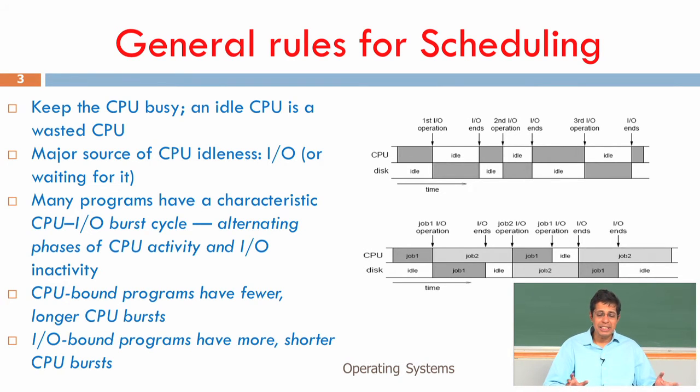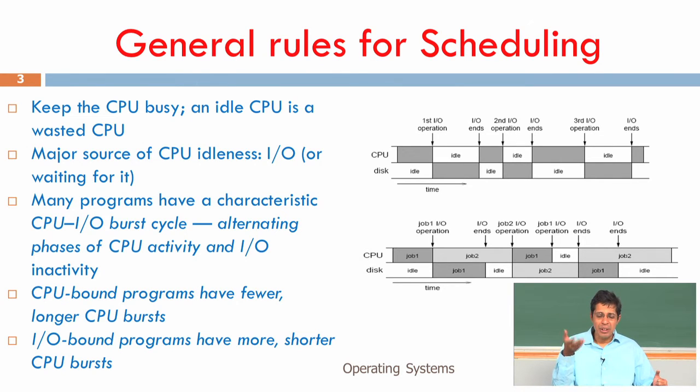So, the question is, when the CPU is idle, why can't it do the CPU activity of a second process? That is what you see in the next diagram, below on your right hand side. When the CPU does the first job, of course the disk is idle. The first job asks for an I/O operation, and the disk starts doing the I/O operation of job 1. At that time the CPU can do the CPU burst of job 2.